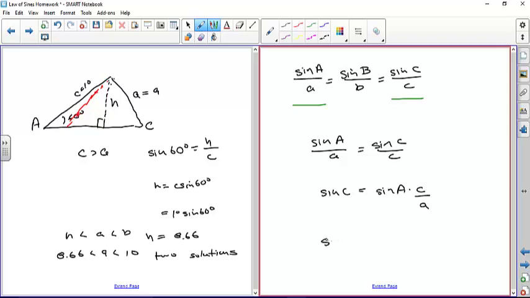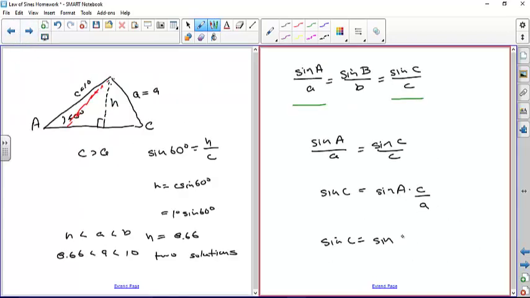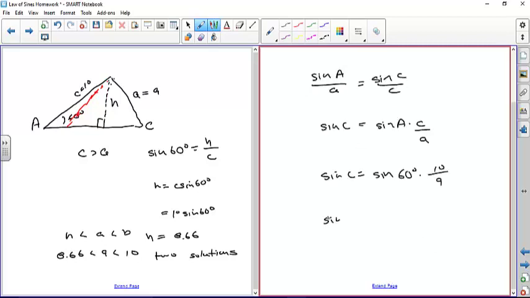So the sine of C is equal to the sine of A, which is given as, is that 50 degrees? 60 degrees. Sine of 60 times C, which is 10, divided by A, which is 9. So the sine of C equals the sine of 60 times 10 divided by 9.